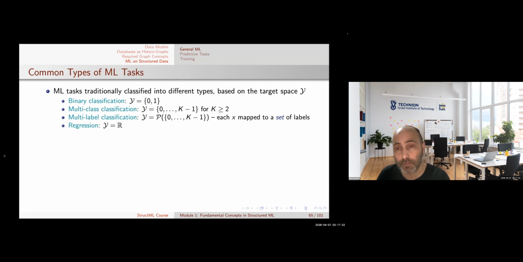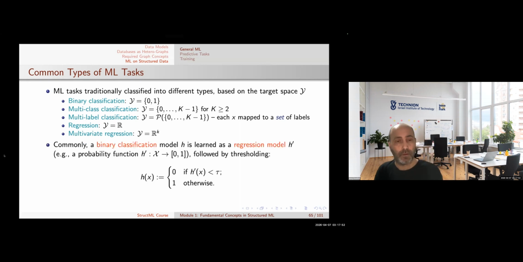Okay. Regression means that we basically want to find or to learn a numeric function, height, weight, level of satisfaction, number of purchases, and so on. And multivariate means that we want to predict multiple numbers at the same time, height and weight at the same time, for example.